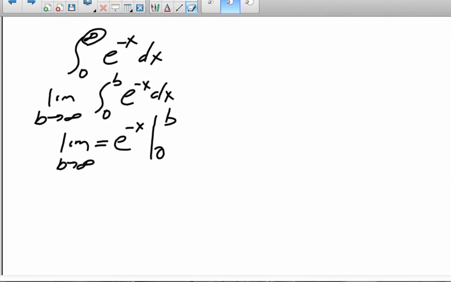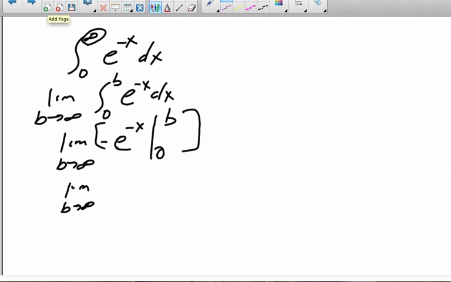I'm taking the limit as b goes to infinity of negative e to the negative b plus e to the negative 0.